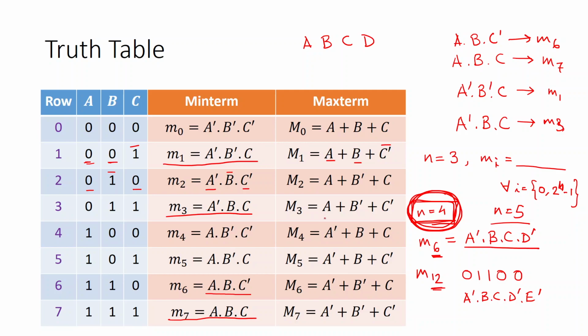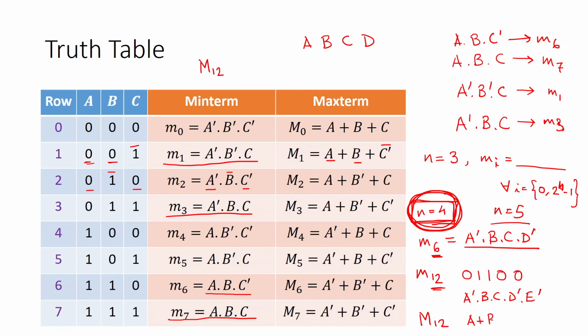So if I asked you to formulate a max term, suppose I asked you to formulate this M12 using 5 inputs. 12 remains like this, 12 is 0 1 1 0 0. So M12 will be A, because A is 0, so 0 means it is not complemented.